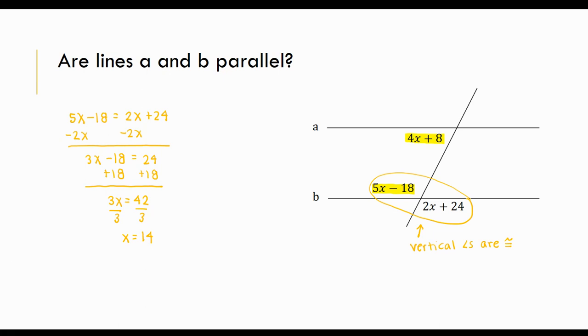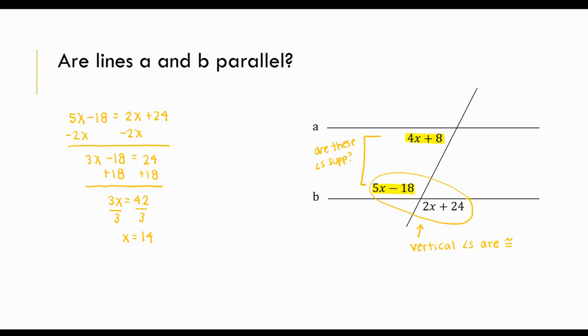So if I can get those two to be supplementary, then we have enough information to back up that yes, A and B are parallel. But if I can't get those two angles to be supplementary, well, then we don't have parallel lines. So my question is, are these angles supplementary?